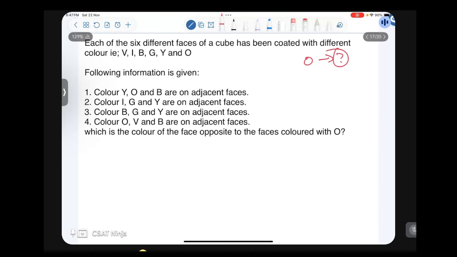The first statement says Y, O, B are on adjacent faces. Adjacent face means they are next to each other.